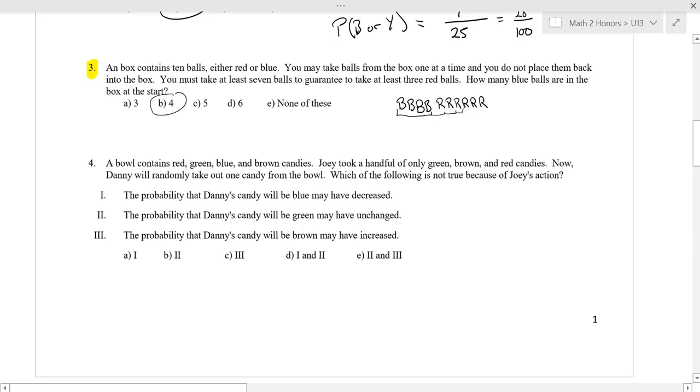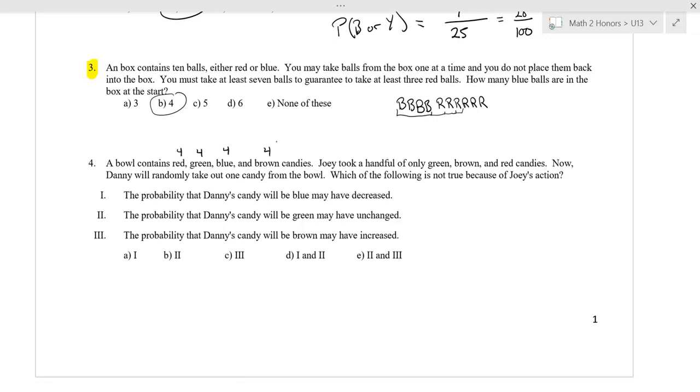is. Okay. So the first one says the probability that Danny's candy will be blue may have decreased. Well, let's say we had 4 of each. Say we had 4 red, 4 green, 4 blue, and 4 brown, just to create an example of what could be there.